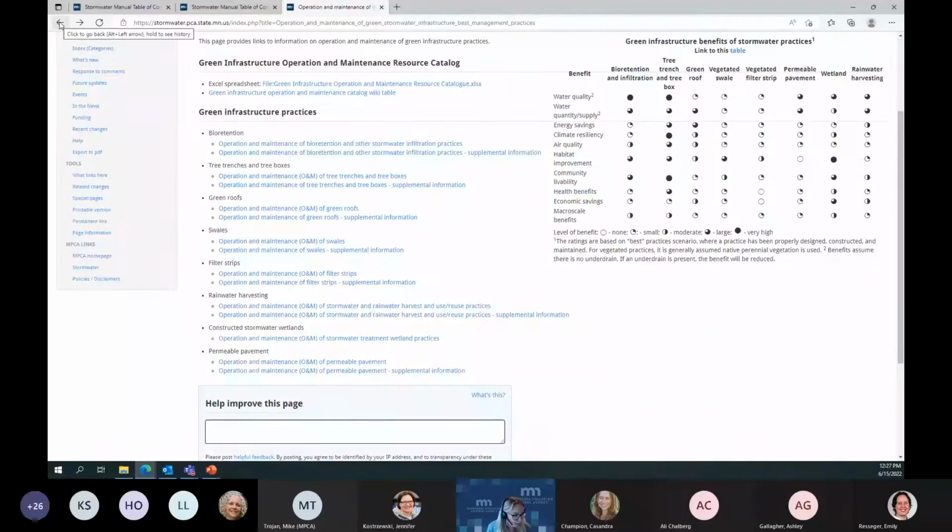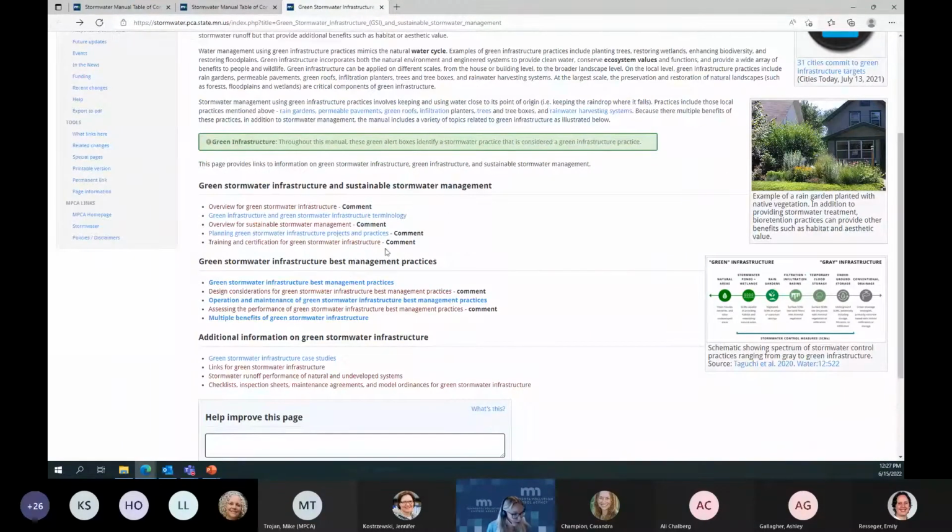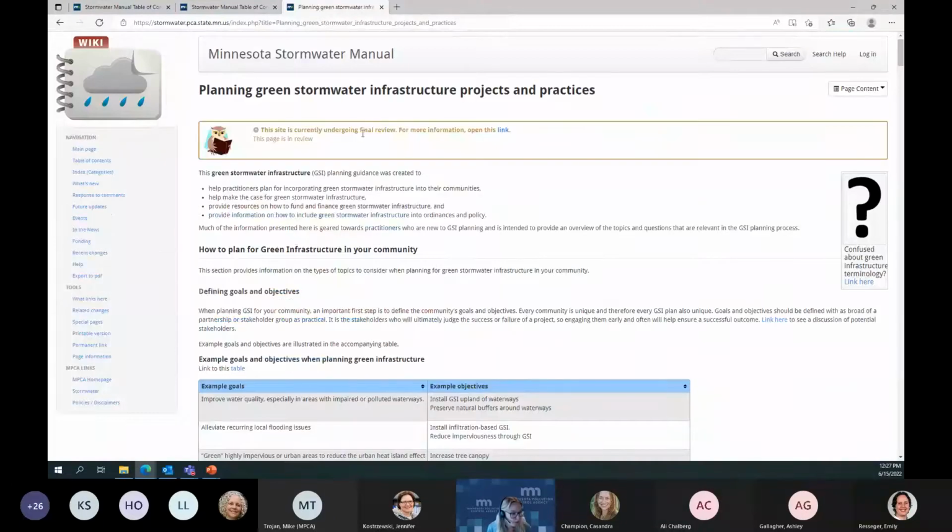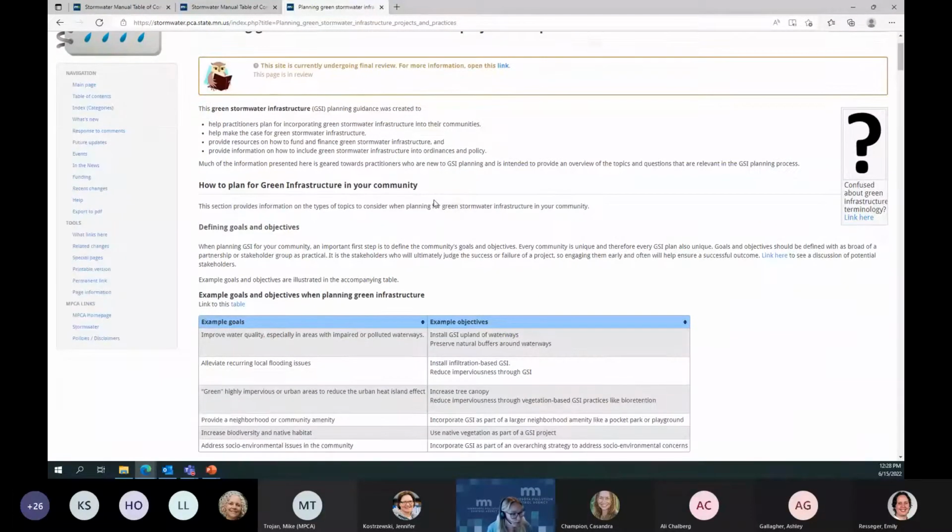And then we are actually in the process right now of finalizing our planning page for green infrastructure. So you can see it's currently undergoing final review, but this is the idea of what it will look like. And basically, the whole idea behind this page is how to plan for green infrastructure in your community.